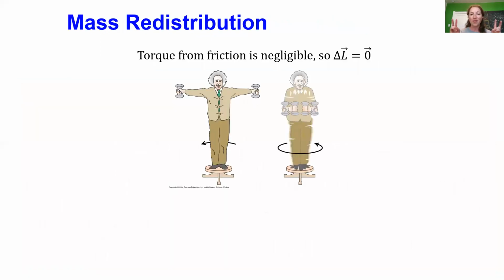One type of angular collision or interaction we're going to think about is, say you have an object, like Einstein, spinning on a pretty good spinning surface. It's got some nice ball bearings and negligible torque from friction. So we can say that the angular momentum of this object won't appreciably change as long as we make our time interval short enough.